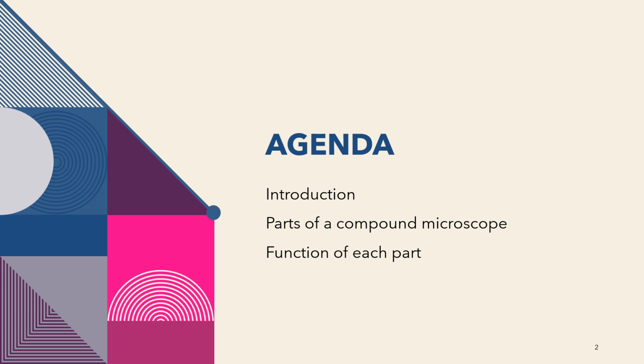It is called a compound microscope simply because it uses multiple lenses. Going forward, we will understand this use of multiple lenses in more detail. And why are we saying it is a light microscope? Because it uses light as its source of illumination.